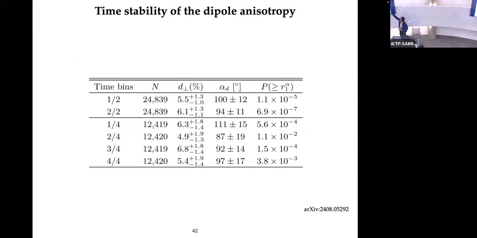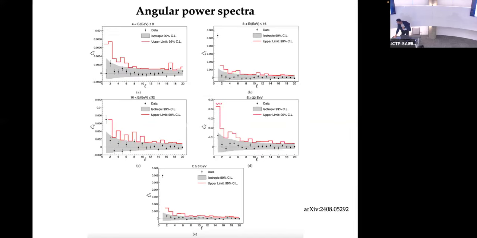We also split the data set into different time intervals, just to show that the dipole amplitude is pretty much stable inside the statistical fluctuation. And the power spectrum also, we split, now we have a power spectrum for each energy band. So from 4 to 8, 8 to 16, 16 to 32, above 32, and the original power spectrum all above 8 EeV, which we saw that there was only the dipole.